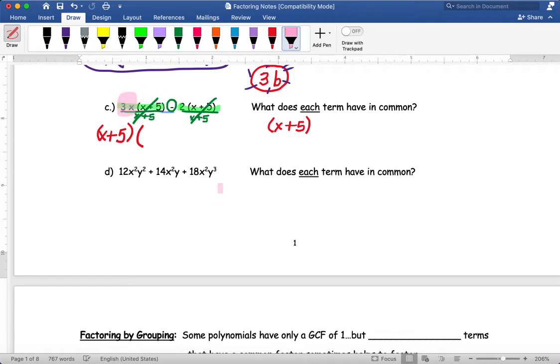3x did not get divided out, and the 2 did not get divided out. This minus, we've got to keep it. It's got to stay. So what's left is 3x subtract 2. Okay, this is my final answer. If I take 3x and multiply with x plus 5, I do get 3x times the quantity x plus 5.